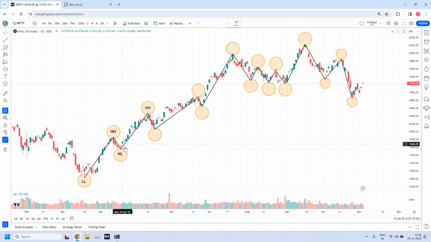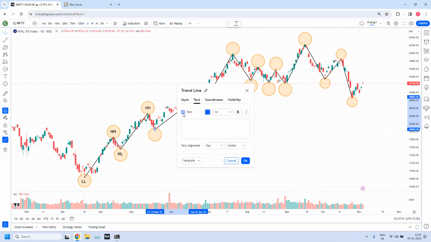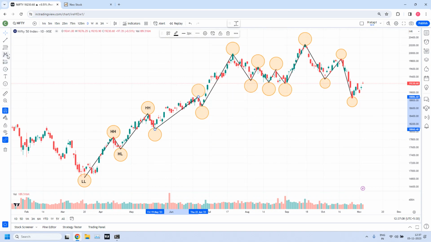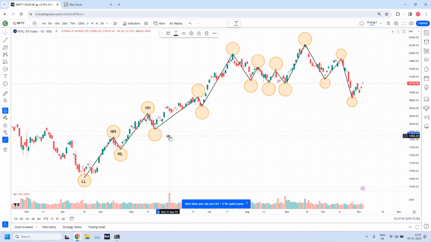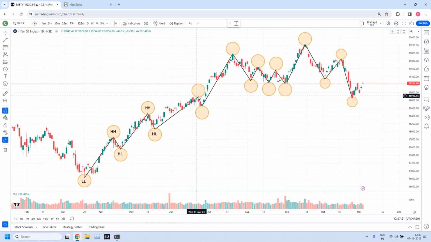And what about this? If you compare the low of this swing and the low of the previous swing, this is higher. So we can say this is a higher low. The best thing is to select the text, otherwise it is wasting my time. So this is a higher low, HL. And what about the next one? This swing high and the previous swing high.